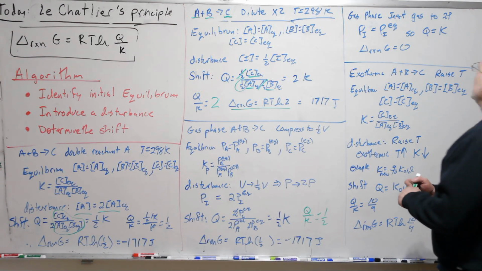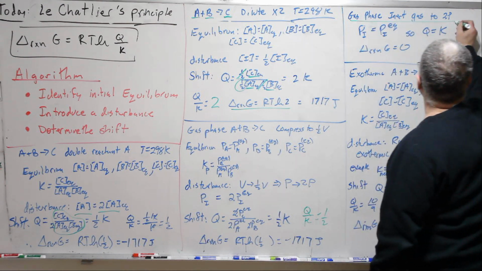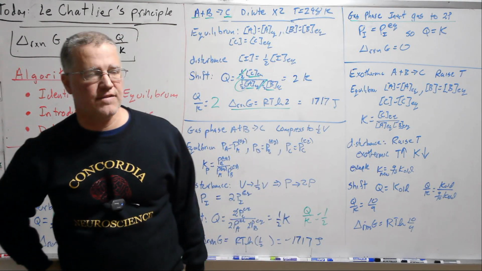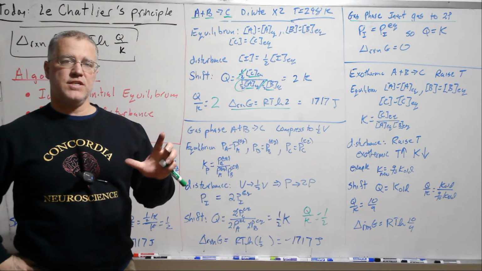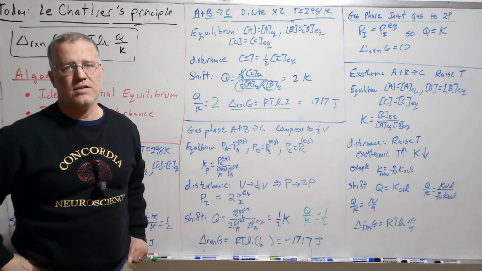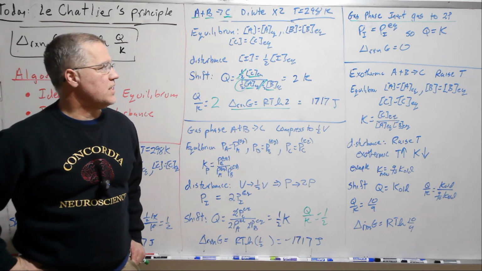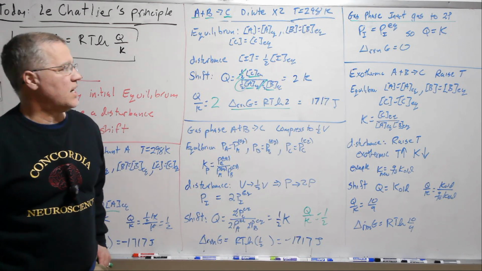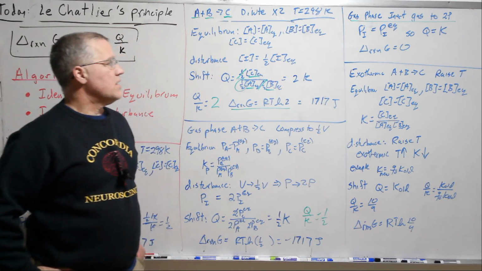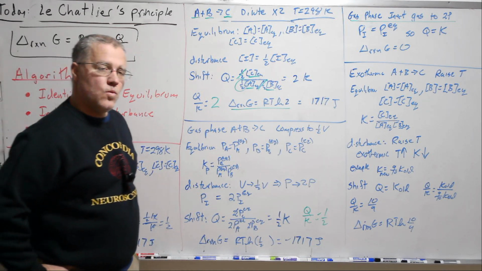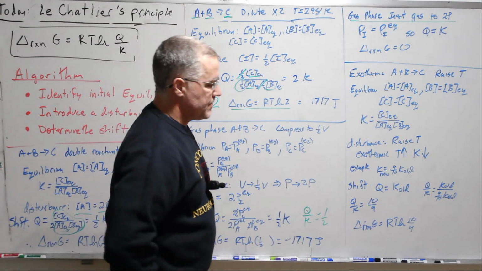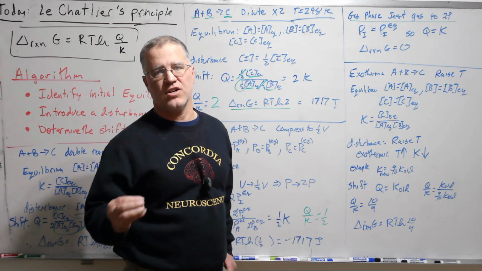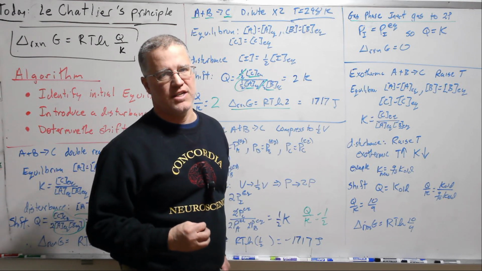All right, let's do something that would be maybe quite hard to just qualitatively determine. Let's put this reaction in a container, and then we're going to double the pressure by adding an inert gas, so adding argon or something. And the total pressure increases, but that increase in pressure is due to the partial pressure of the inert gas, which is not participating in the reaction.